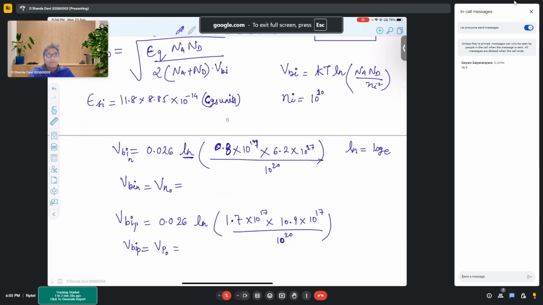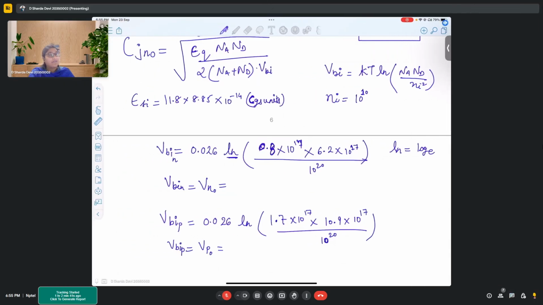Zero point nine one. 0.91 for which one? Is it for N or for P? P, ma'am. Okay. So this is 0.914 volts. What about N?